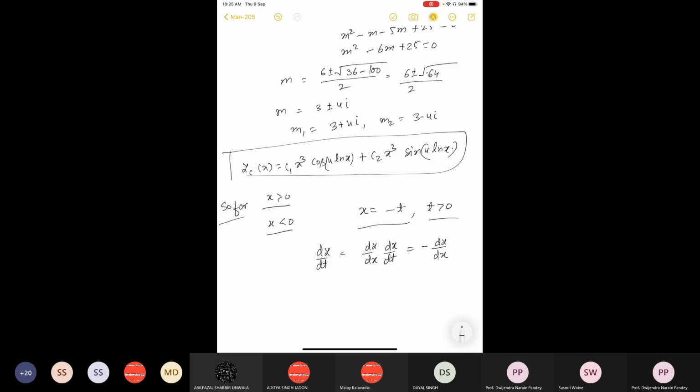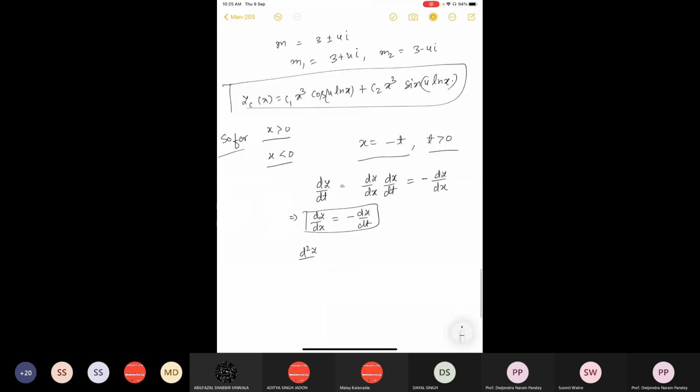It is minus 1. So I can say that your dy by dx is equal to minus dy by dt. First thing is this. Now, can you find out d2y by dx squared? It is nothing but d by dx of dy by dx, which I am writing as d by dx of minus dy by dt.